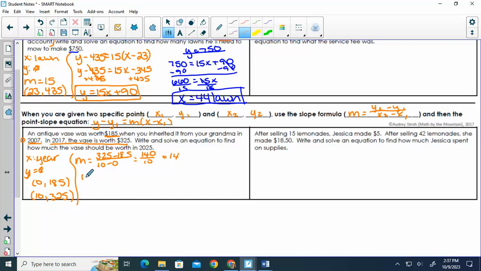Take a point and a slope, so y minus y1 equals m times x minus x1, so I'm just doing the first point. So I get my y to be 14x plus 185.